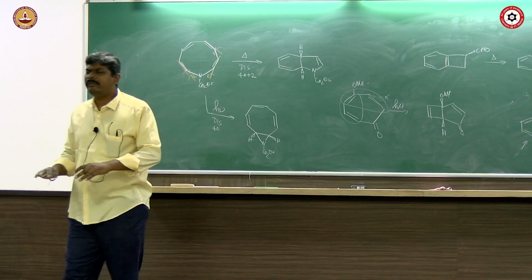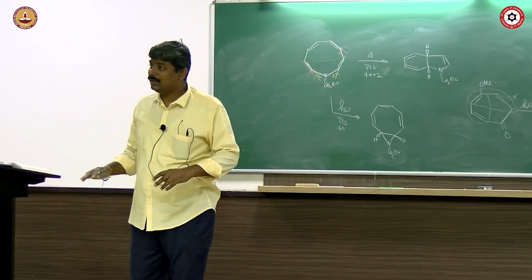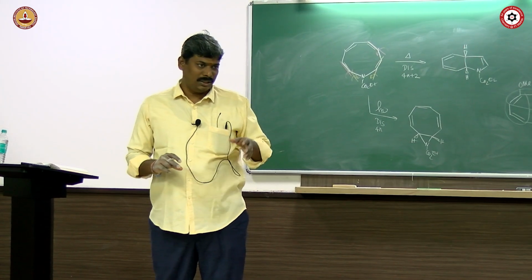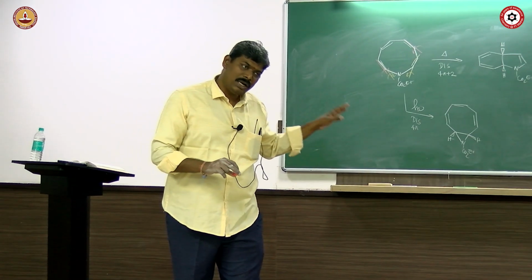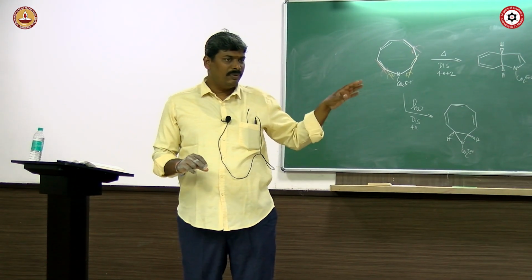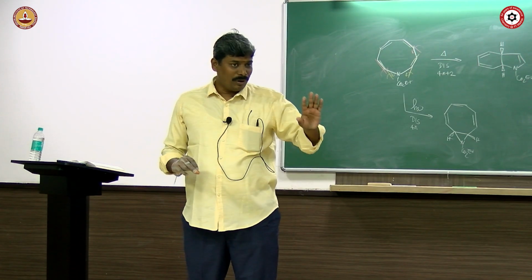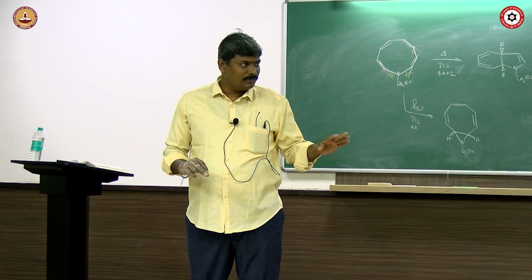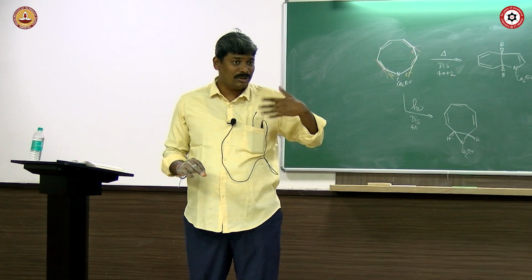There are lots of examples for electrocyclic ring closure. In the next class, I will not take you directly to this reaction. There are some interesting examples in electrocyclic ring closure itself, where we have only looked at 4-atom systems, butadienes and cyclobutene systems. We can go to cyclohexadiene with substitutions.